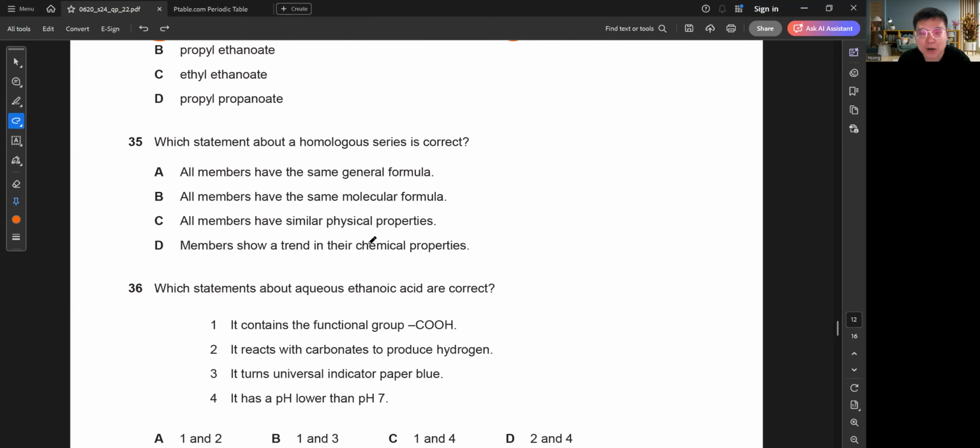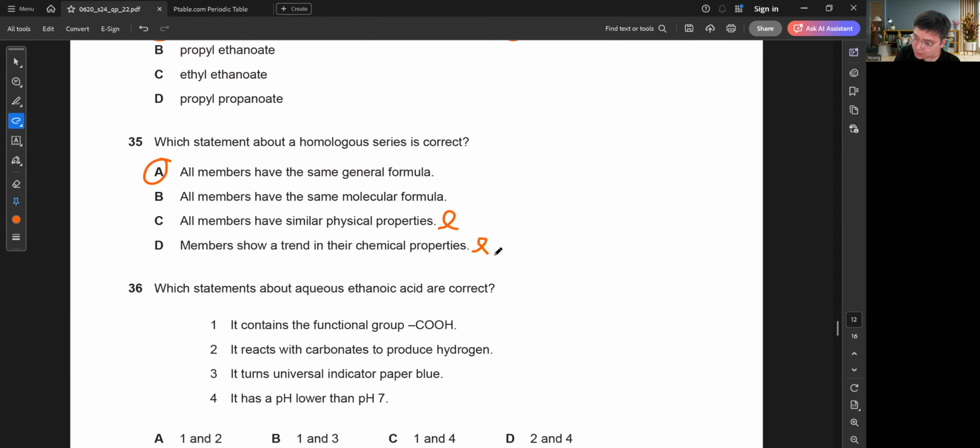35. Which statement about the homologous series is correct? So a homologous series means that they have the same general formula but different structural formulas. And also this is important. So yes, this one here, because it's the same general formula. Different physical properties, but yes, they do have the same chemical properties.